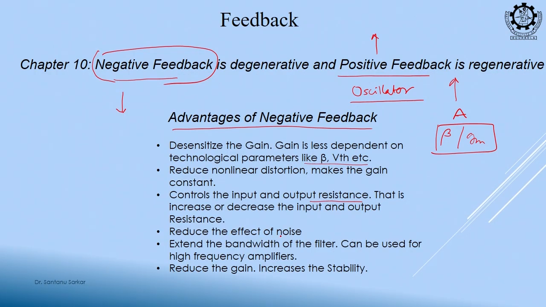It reduces the effect of noise, it extends the bandwidth, and thus it helps for high frequency applications. It increases the stability. So, these are the many advantages of negative feedback. Positive feedback we only use in oscillation.